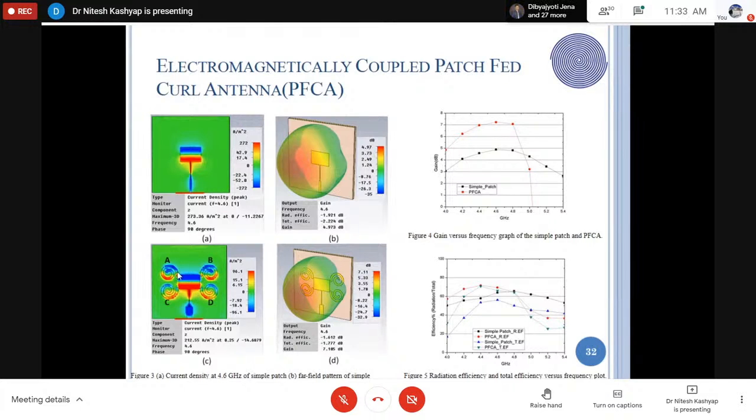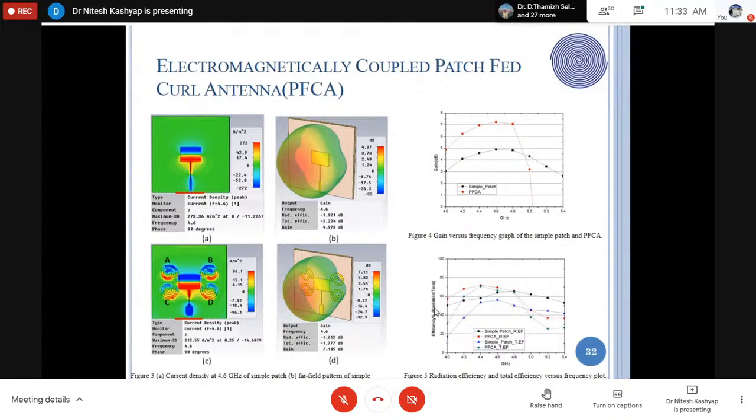Okay, after the attachment of the curls, the intensity of the excitation is improved, and we have found that the gain is improved, which previously was 5 dB, and here it is 7 dB.